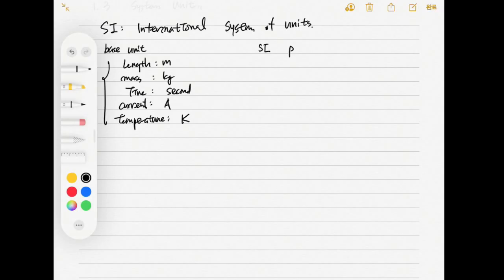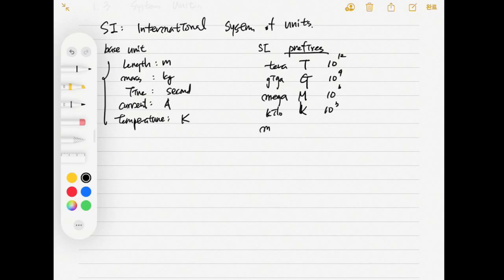And the SI prefixes. For example, tera, defined as capital T, means 10 to the 12, and giga, capital G, is 10 to the 9. Mega is a large M, 10 to the 6. Kilo is a small k, 10 to the 3.